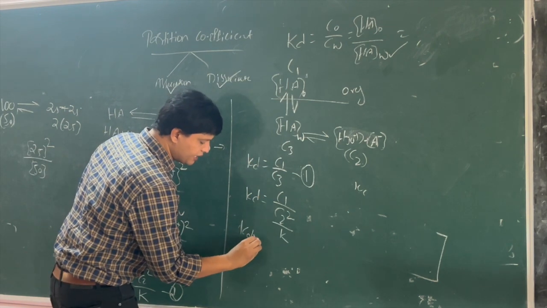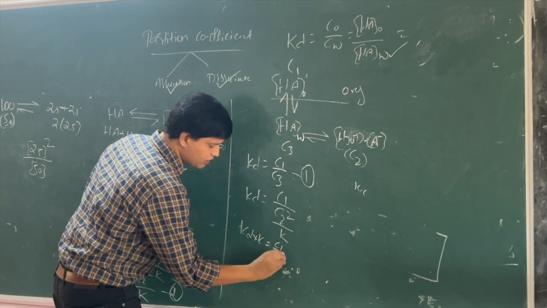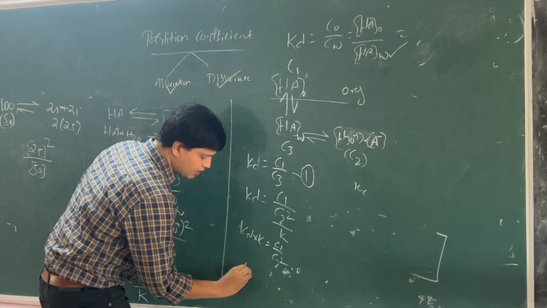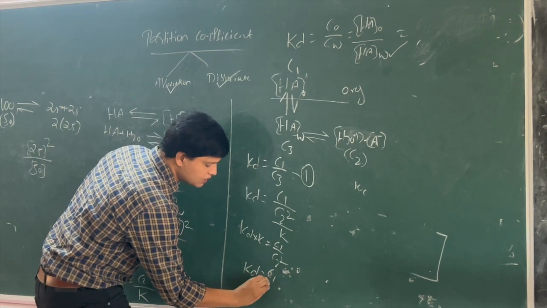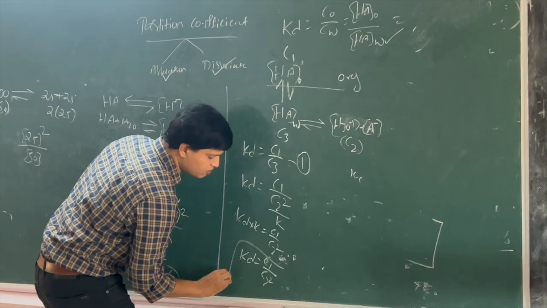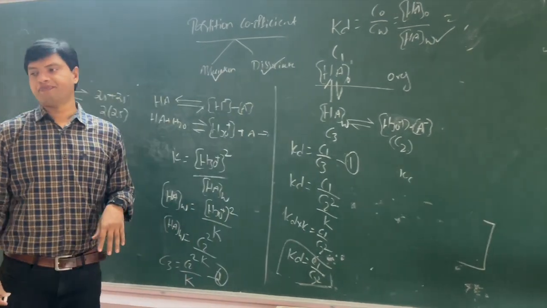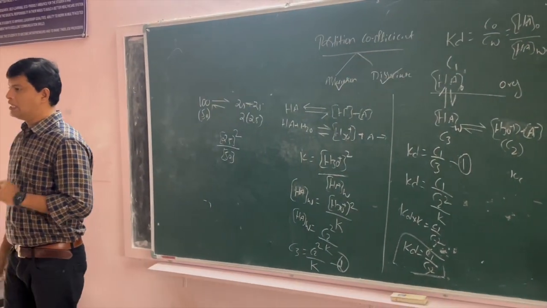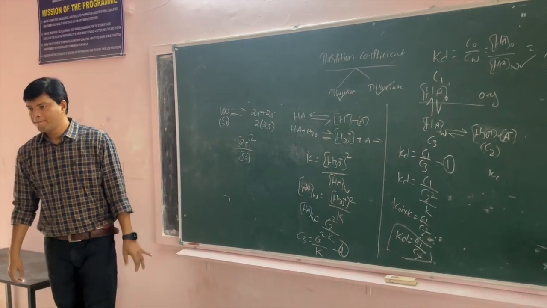So Kd into K is equal to C1 by C2 square. Finally, Kd is equal to C1 by C2. This is the derivation for dissociation of a molecule.